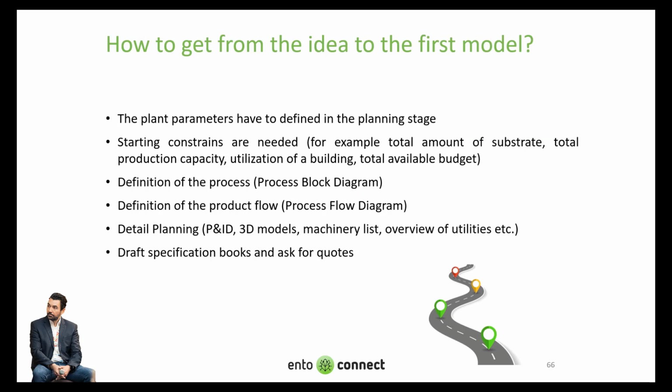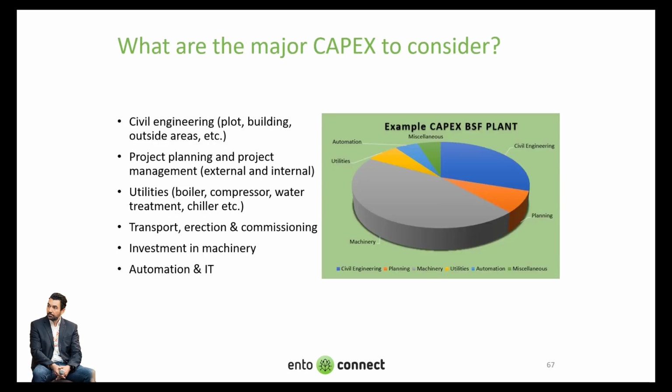So besides the civil engineering, there is also a certain planning that has to be done. So this also includes the civil engineering planning. We need to get the machinery. We need to install units for the utilities like electricity, heat, water, wastewater, whatever is needed. Something really important in this constellation is the topic of automation.